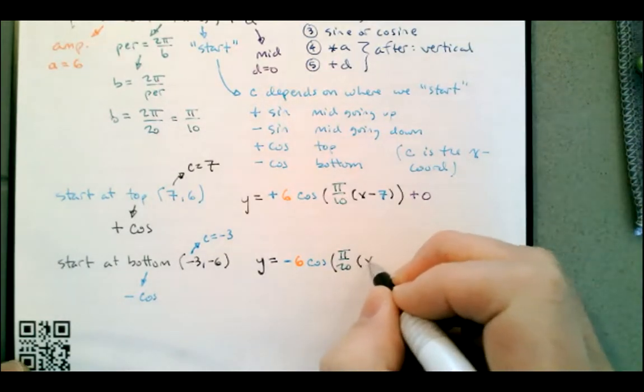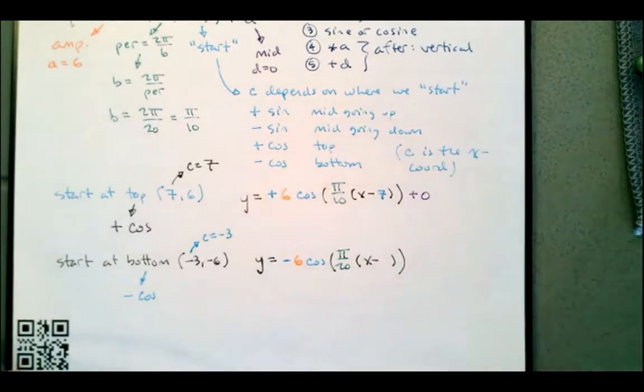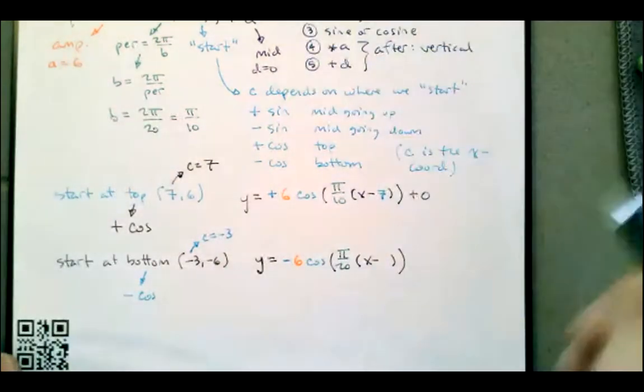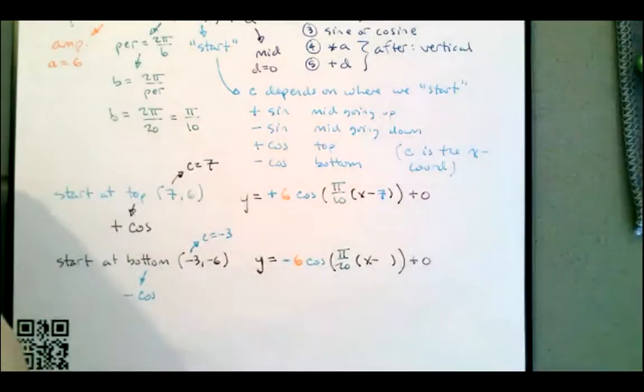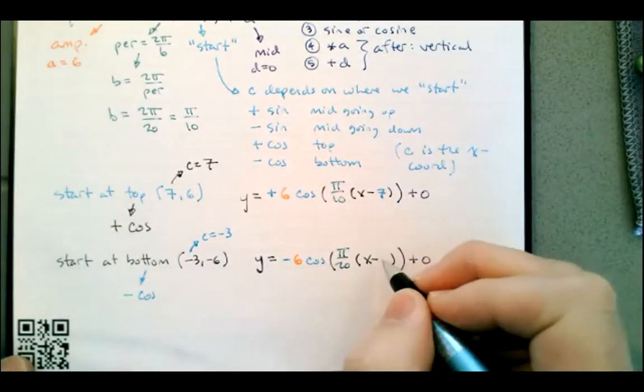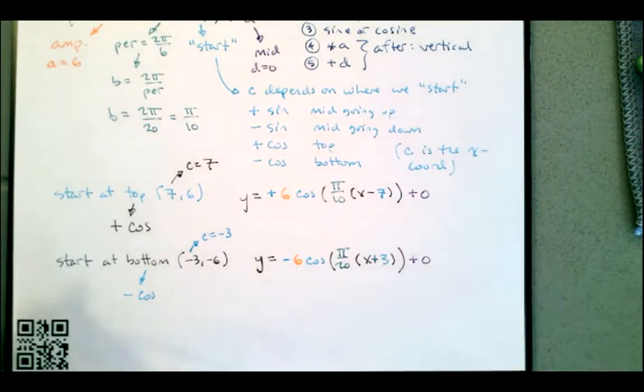And then I'm going to write x minus c. And in this case, I'm going to put the d on the outside plus 0, even though we normally wouldn't write that. And c is -3. So in the parentheses, it's going to look like x plus 3.